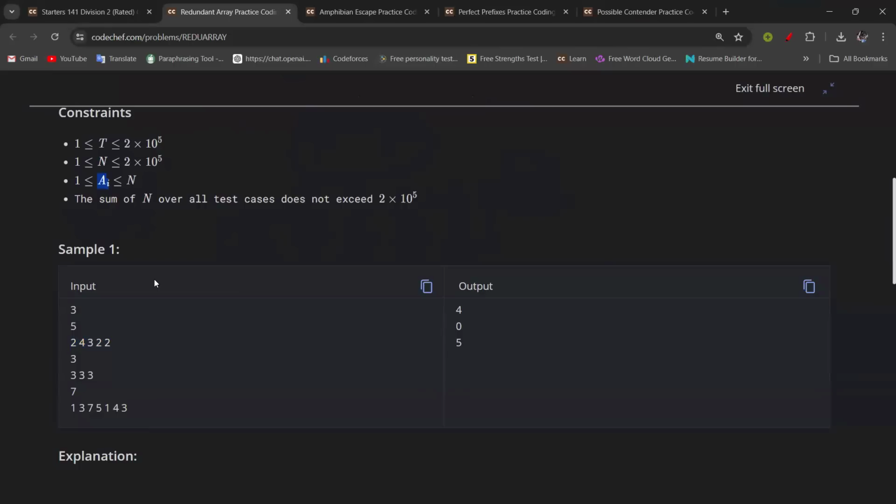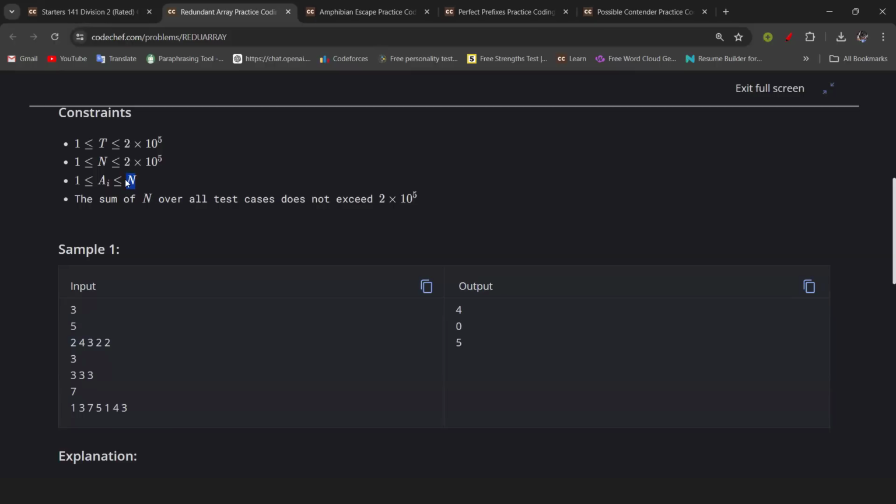So all the elements of the array are in the range from 1 to n. At max, we need to iterate our x from 1 to n, not greater than n. If all the elements are at most n, why waste a cost of more than n times? That would definitely be more.